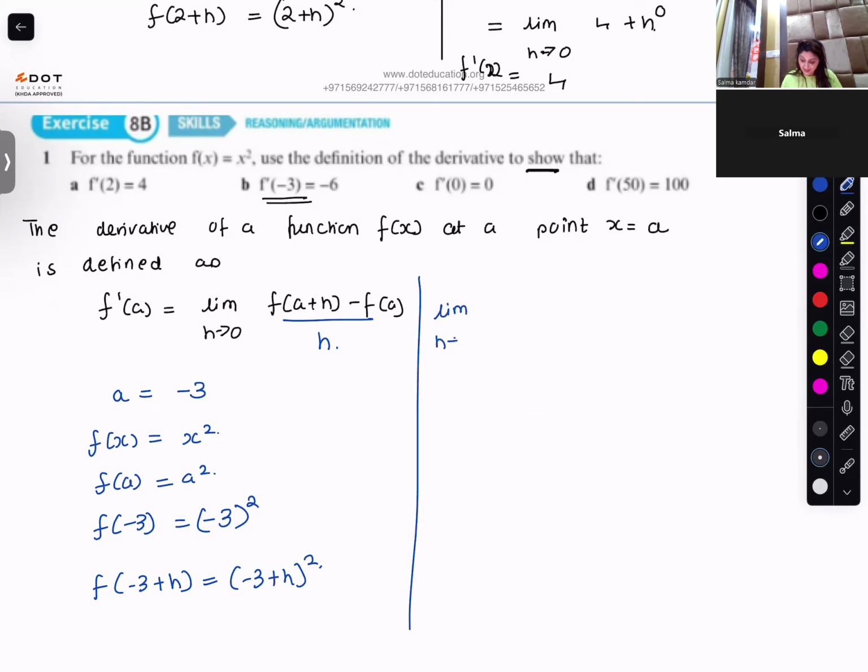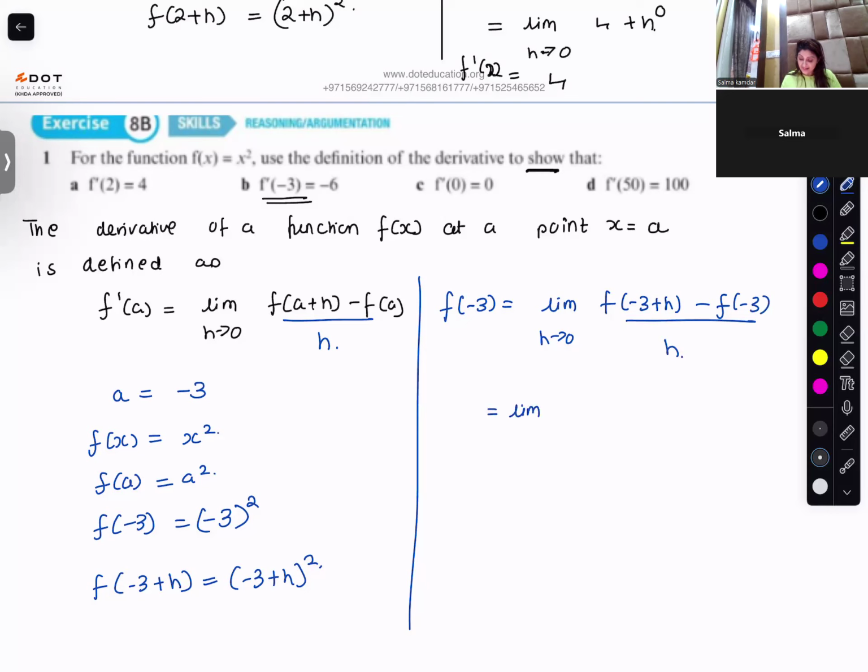Limit h tends to 0, f of minus 3 is equal to limit h tends to 0, f of minus 3 plus h minus f of minus 3, the whole divided by h.